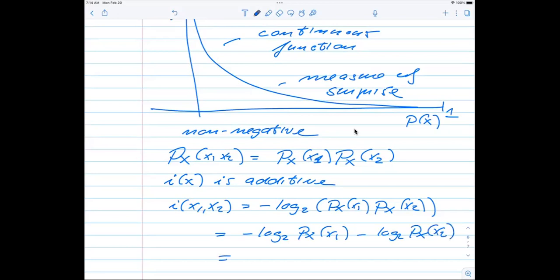And this is equal to I of x1 plus I of x2, if they are independent and identically distributed.